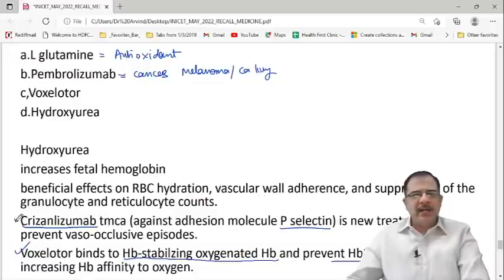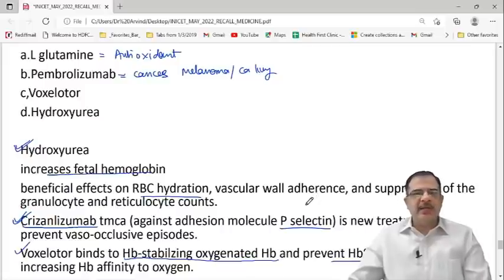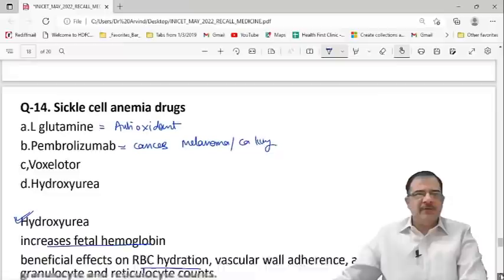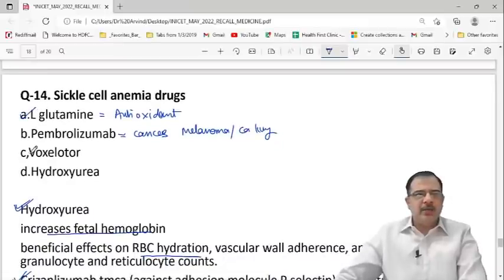While the hydroxyurea, the mechanism is it increases the fetal hemoglobin and has a beneficial effect on the hydration of the RBCs, prevents the vascular adhesion, and therefore it can be used for sickle cell disease. So the sickle cell anemia drugs which can be used here are A option, C option, D option. If it was an except question, then answer will be B option.